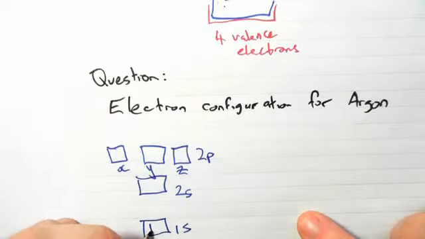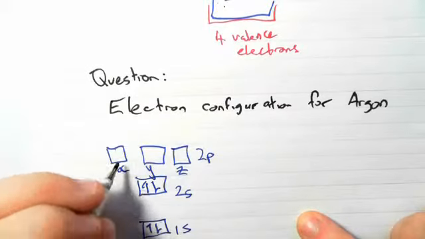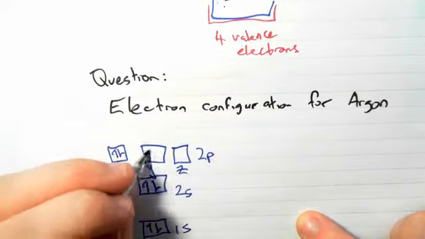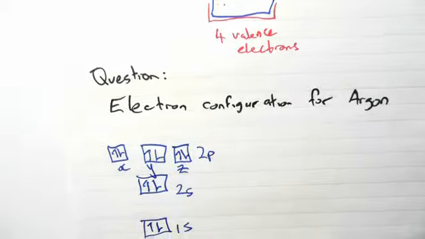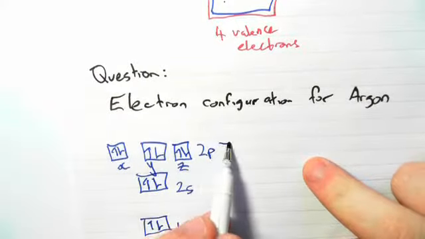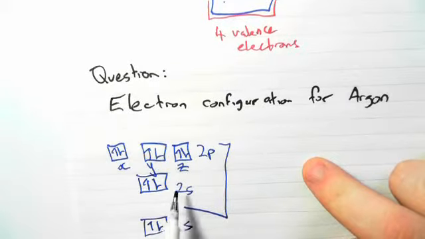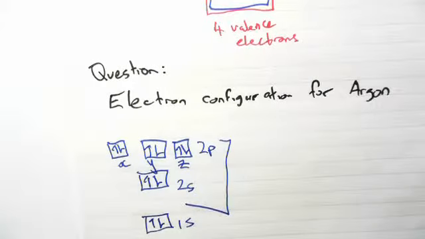And in argon, it has 2, 4, 6, 8, 10 electrons, and it fills all of these up. And you can see that's the characteristic for a noble gas. It has filled up all the orbitals in that principal quantum number. So its highest principal quantum number is 2, all of them are filled, so it's a very stable molecule, doesn't really want to react.